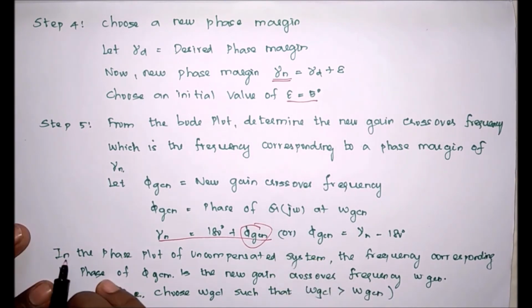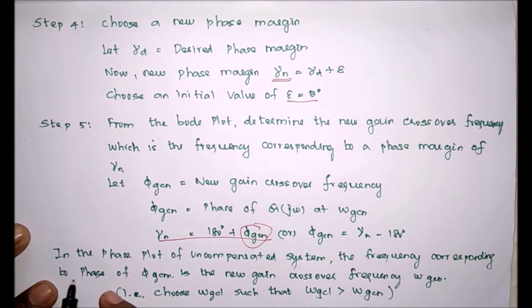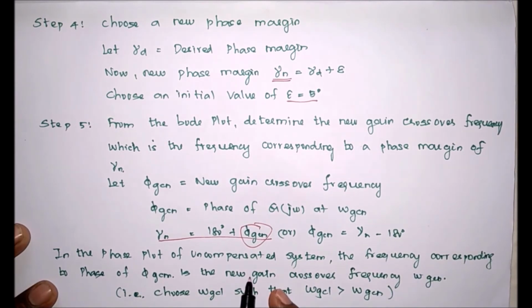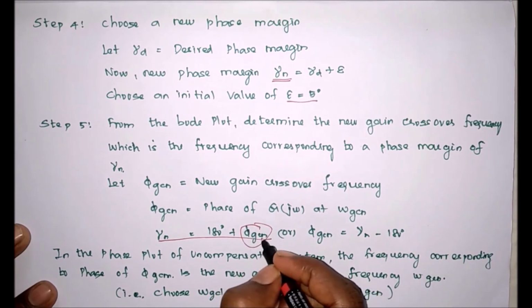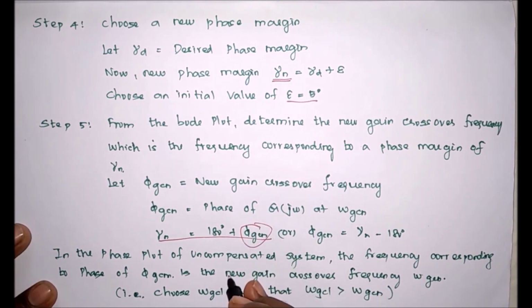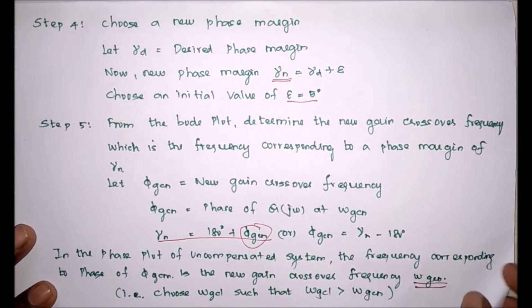For this φGCN, in the phase plot of the uncompensated system, the corresponding frequency is the new gain crossover frequency omega GCN. After calculating φGCN, from the Bode plot of the uncompensated system we find the corresponding frequency. That frequency is nothing but the new gain crossover frequency omega GCN.